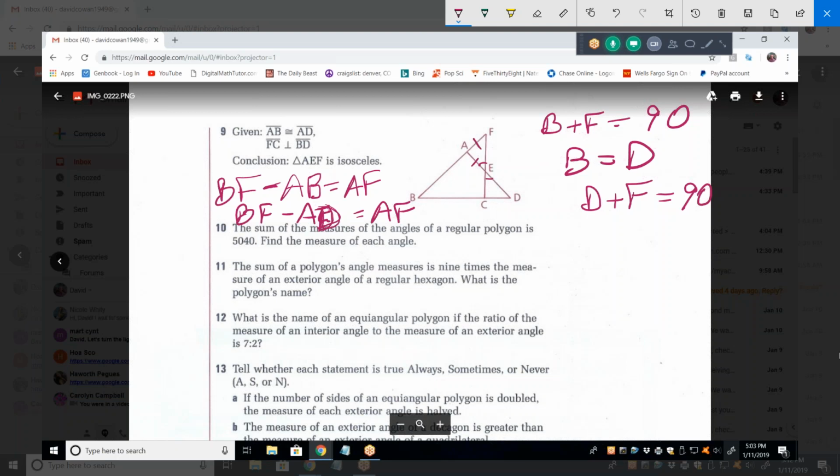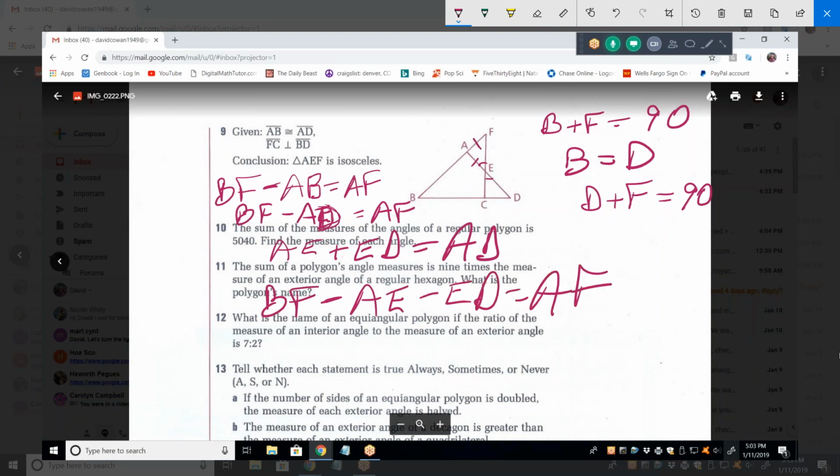And then you could write down all these little equations like AE plus ED equals AD. Does that help? It gives us BF minus AE minus ED equals AF.